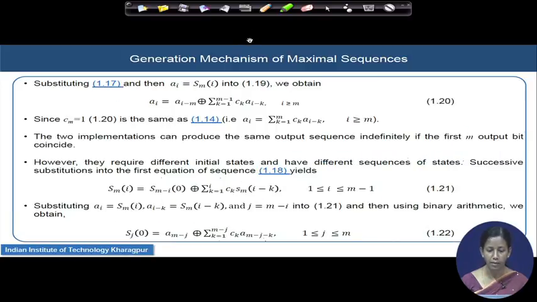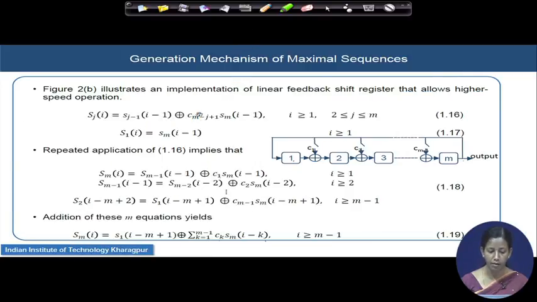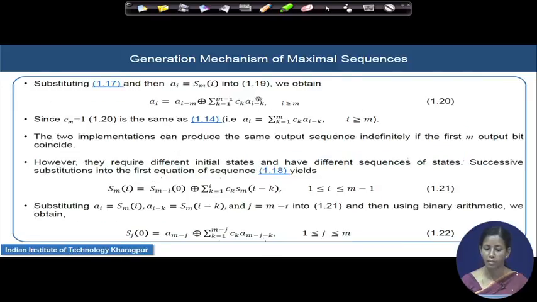So, where I will be ending up with is this AI, where what I have done, this SMI I have substituted with AI, because AI here is directly coming out from SMI, and this expression also can be substituted by some term of AI, and this is another portion remaining in terms of AI minus k. So, finally, I can relate the last state equation with the output sequence.